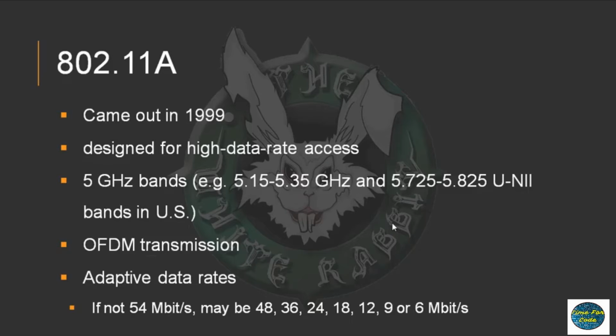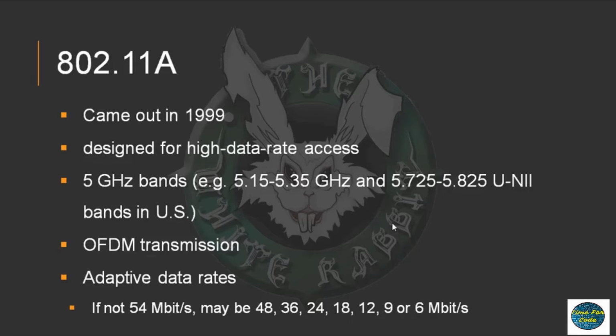With unlicensed systems, that's one of the problems you get. However, at the time that 802.11a emerged, things were not as cluttered in 2.4 GHz, so it was not really successful. People were sticking with 802.11b in the easier to work with 2.4 GHz band.